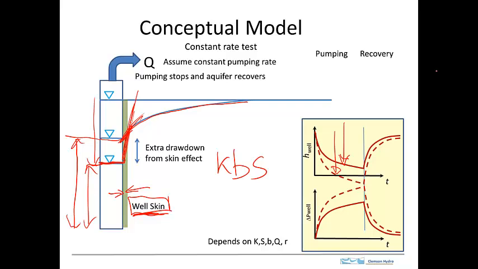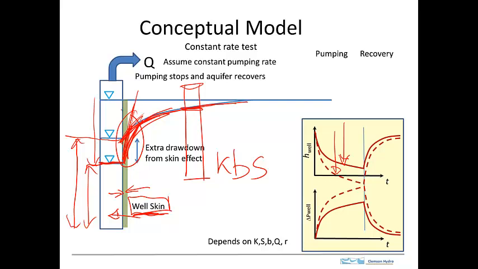Now, in contrast to that, out here in a monitoring well, we have a drawdown that occurs. This drawdown is occurring as a result of the pumping rate from the well, and it's not really affected by this well skin, right? Because this is the profile that would occur in the absence of the well skin, and this one here is what would occur with the well skin. So the effect is really right here at the well.